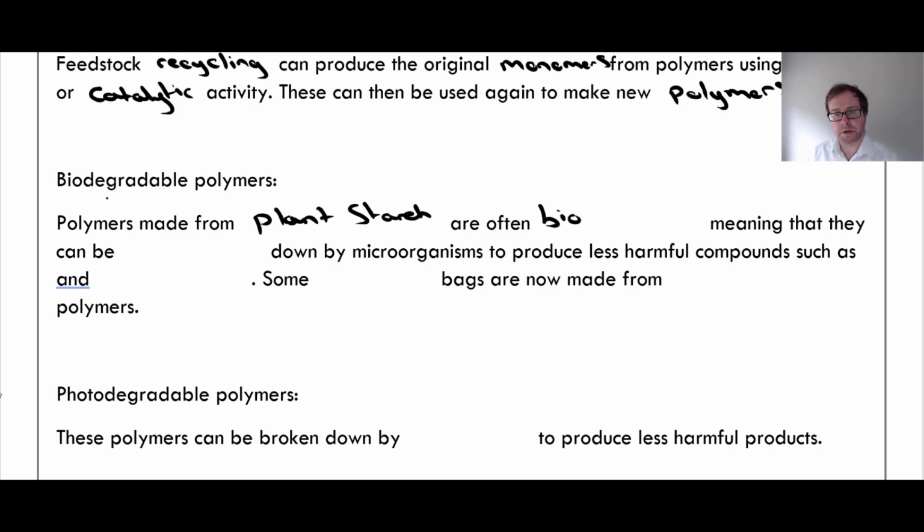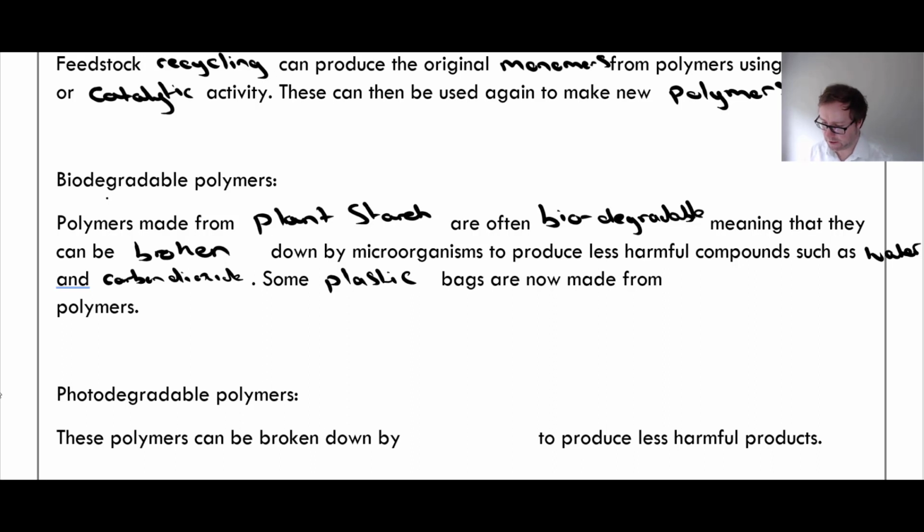Are often biodegradable, meaning that they can be broken down by microorganisms to produce less harmful compounds, such as water and carbon dioxide. Some plastic bags are now made from biodegradable polymers.